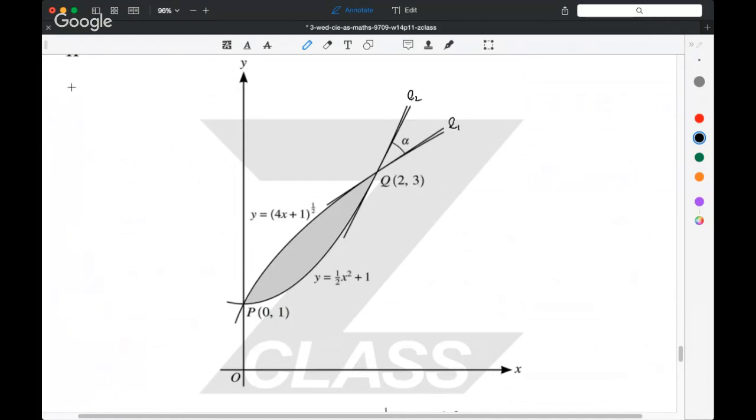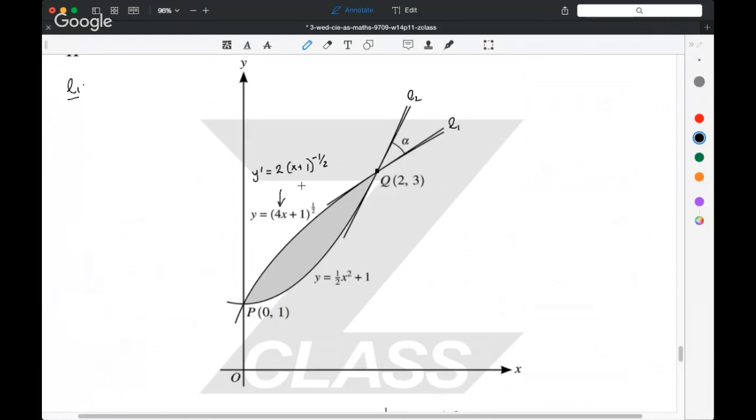So let's look at line 1. Well, the gradient of this line is going to be the gradient of this curve evaluated at Q. So y prime for this curve is 1/2 times 4, 2x plus 1 to the minus 1/2.